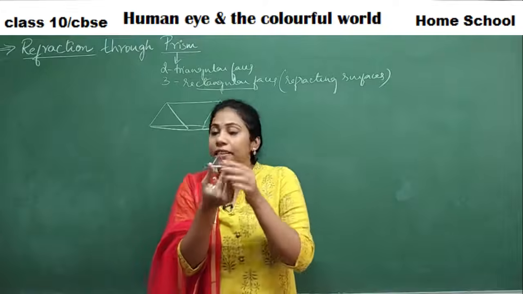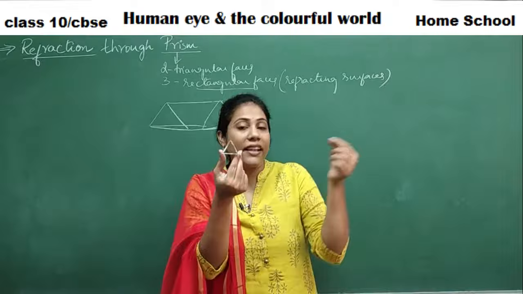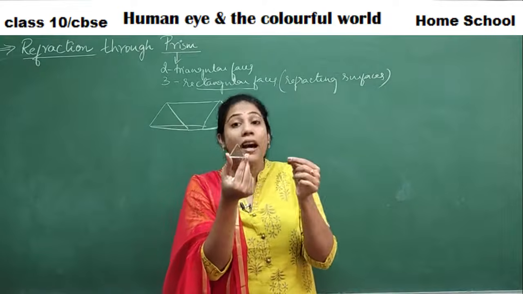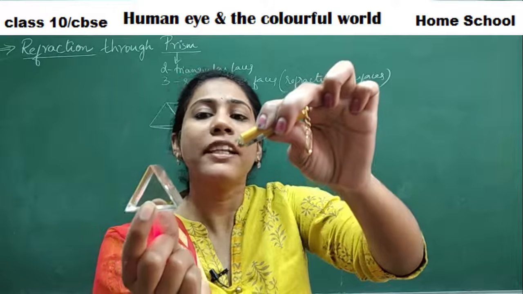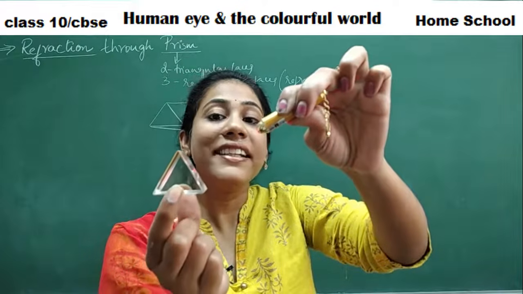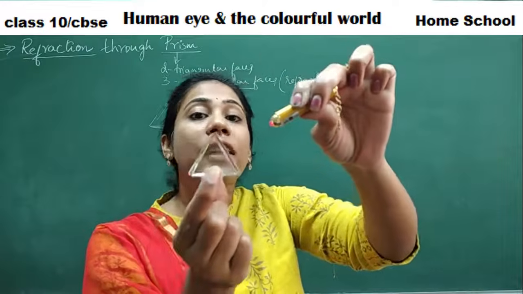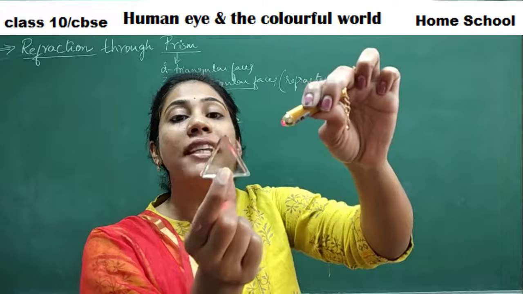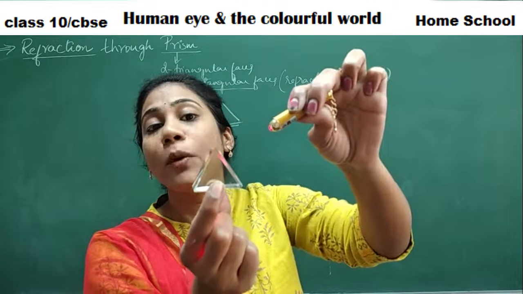One small idea I'll give you with the help of a laser light, how refraction can take place. Observe it carefully. In a video you cannot make it out very clearly, but I'm holding my laser light like this and it is hitting one point on a rectangular surface. If you see the point of the laser light on the other rectangular surface, it is somewhere at the bottom.